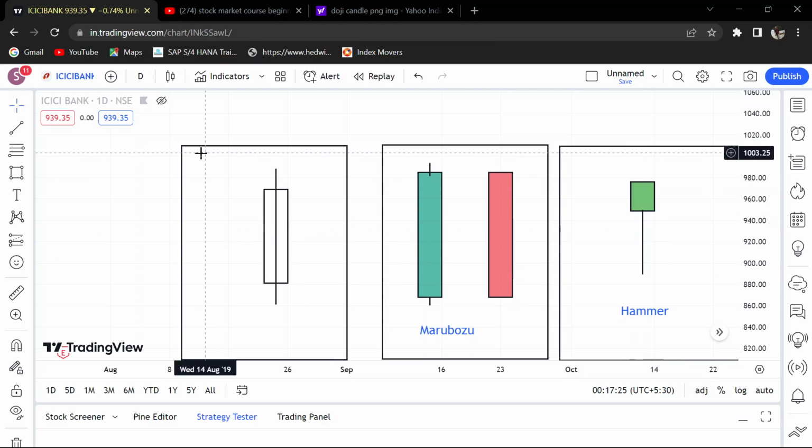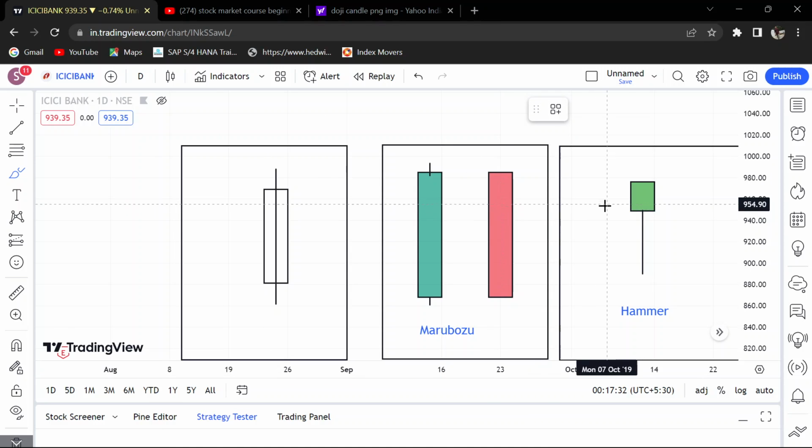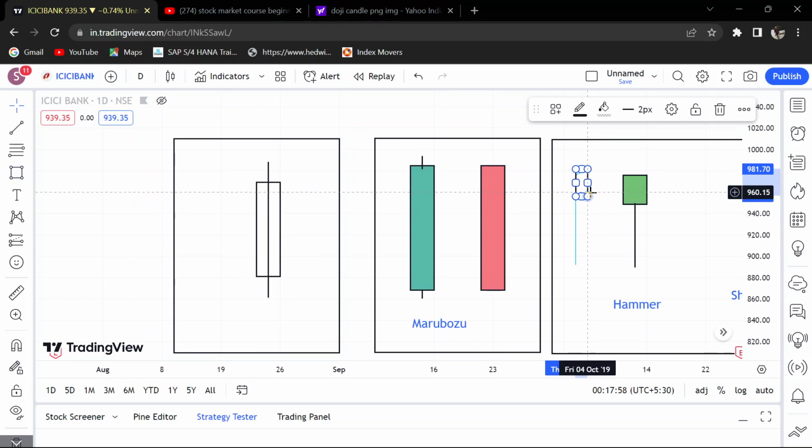See how it is formed, let's check. Generally this candle opened here, went down, and heavily rejected from here, and it again came upside and closed here. This is the closing price and this is the opening price.